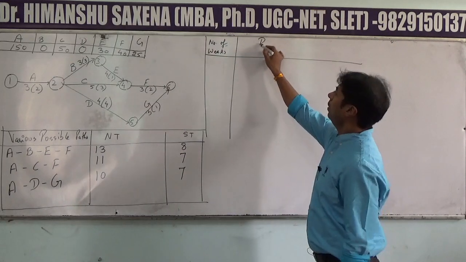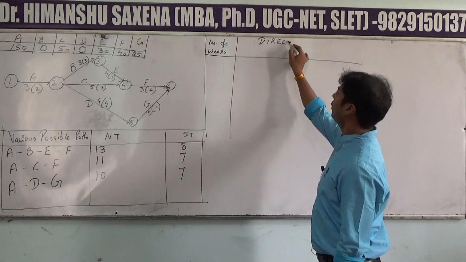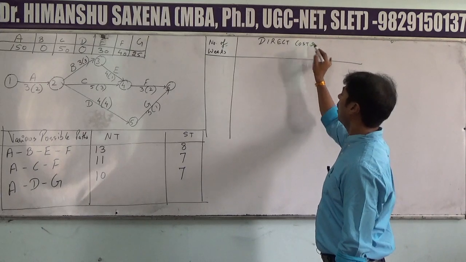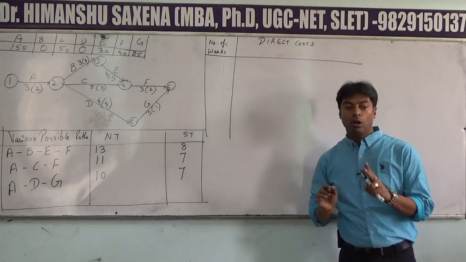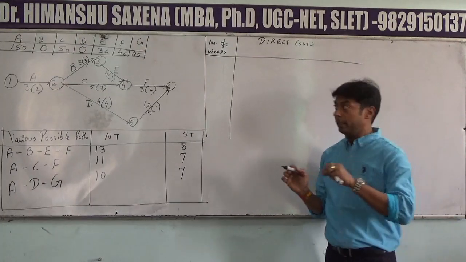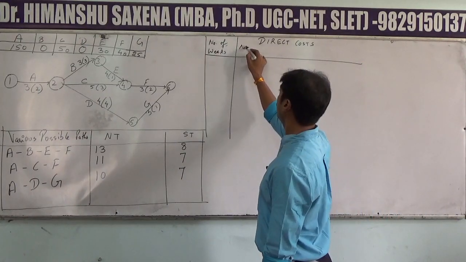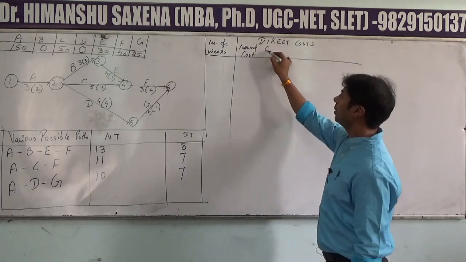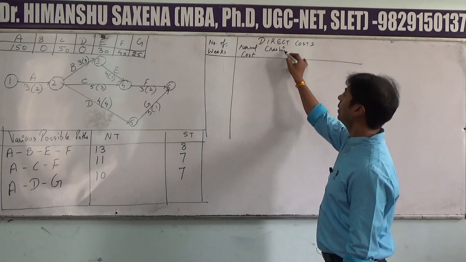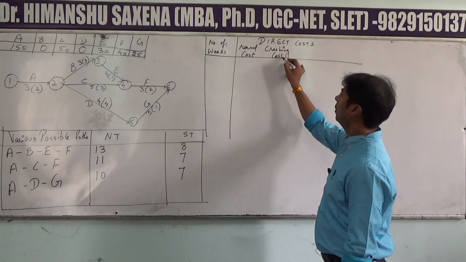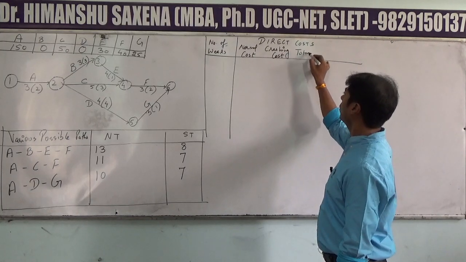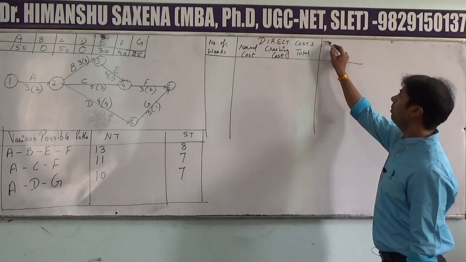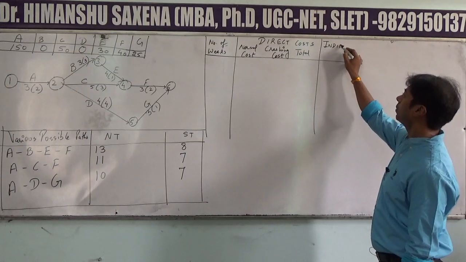Next is the segment for direct costs. Now remember, direct costs are of 2 types only. One is total normal cost and another is crashing cost. All the other costs are termed as indirect costs.